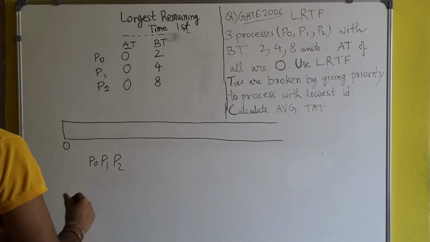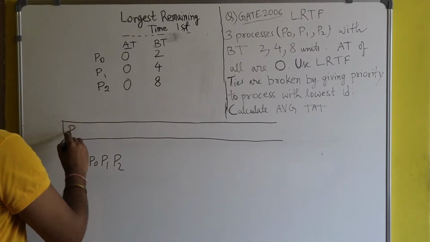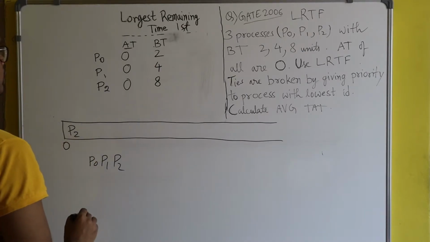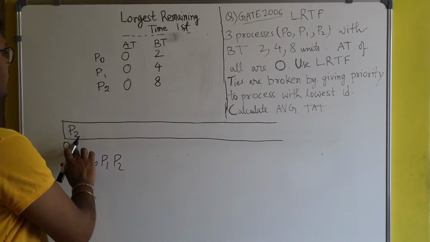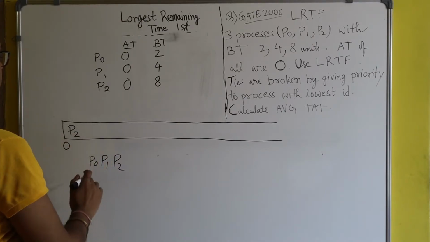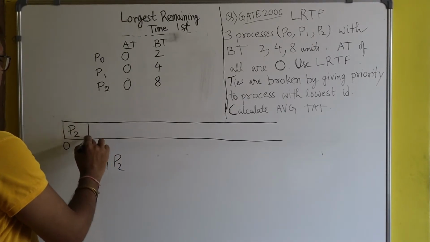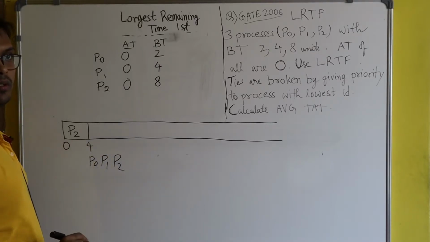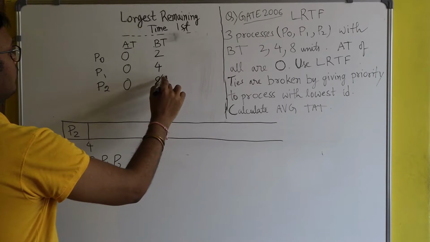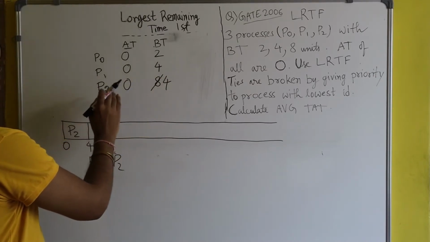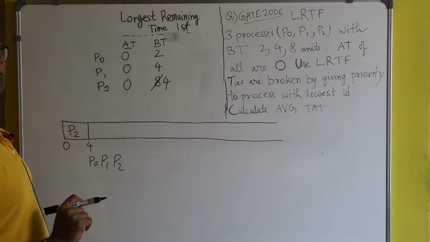So P2 will be selected because P2 has the longest burst time. If P2 runs for 4 seconds, from 0 to 4, then 8 minus 4, 4 units will be left for P2.